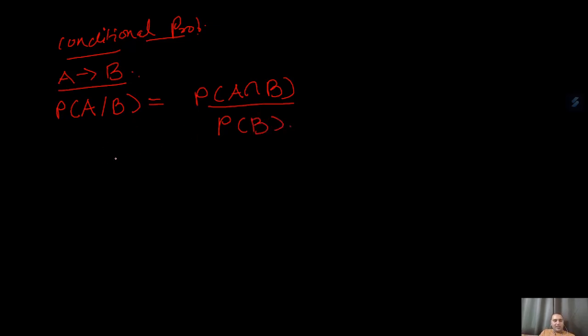Now, let me explain how it works with a very simple example to grasp this context. Let us say there is a group of 100 students. This is our whole set. Out of these students, 40 students are graduates. Let me call these graduate students set A. And there are 20 students who are self-employed.